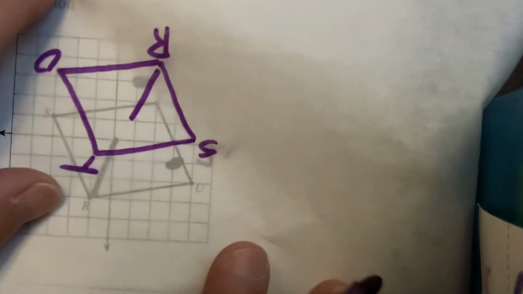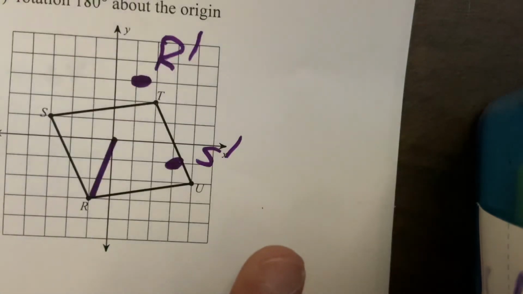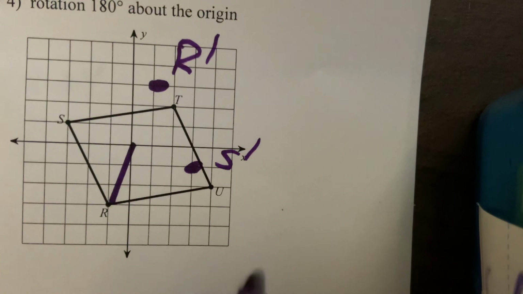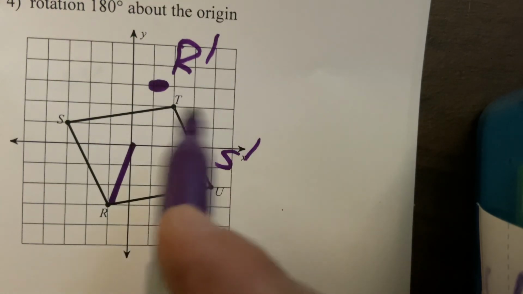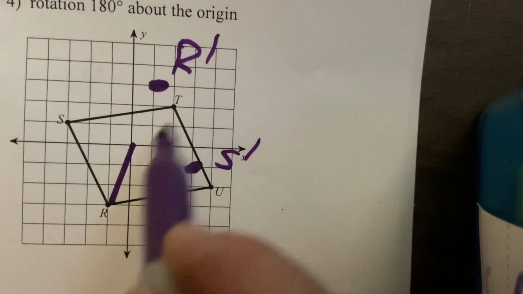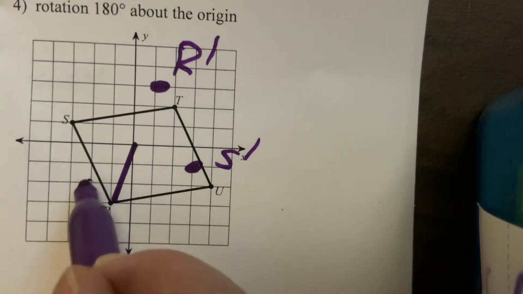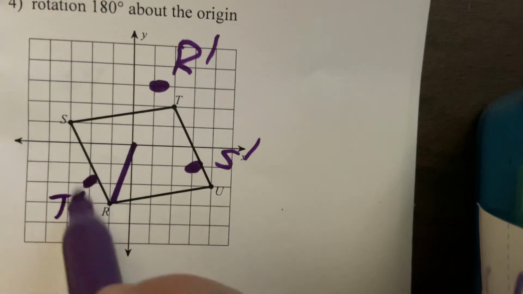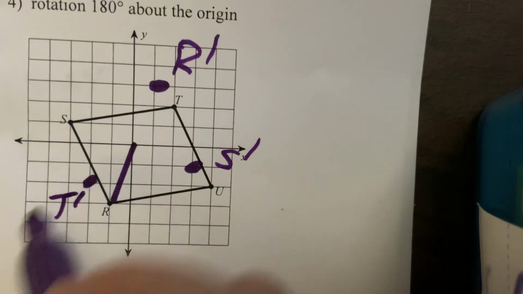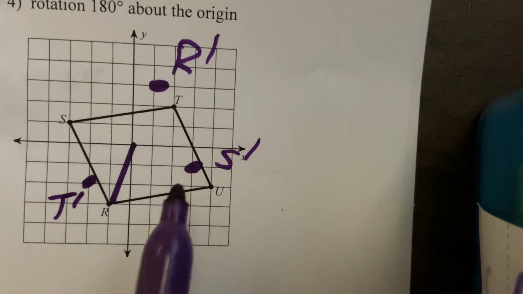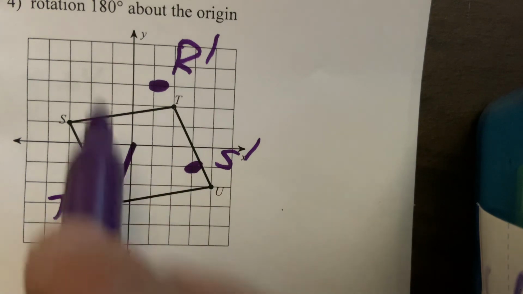Let's see, did I line that up right? Yep. And finally, 1, 2, 3, 4, -2.